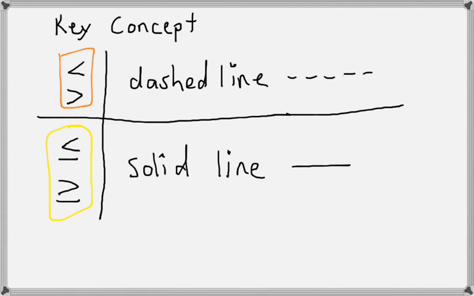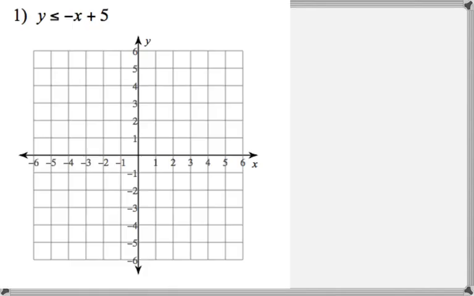Now that we know that, we should be ready to go ahead and look at an example. So here we have y is less than or equal to negative x plus 5. If it was an equal sign, it would be in slope-intercept form. That is the easiest way to graph.